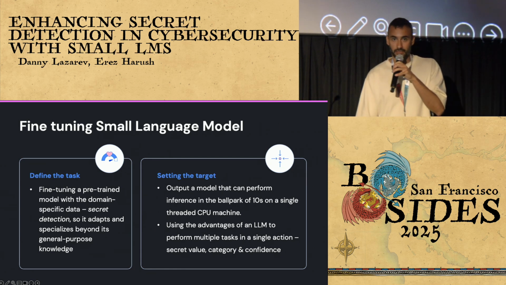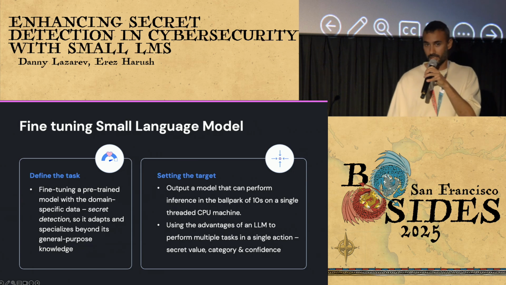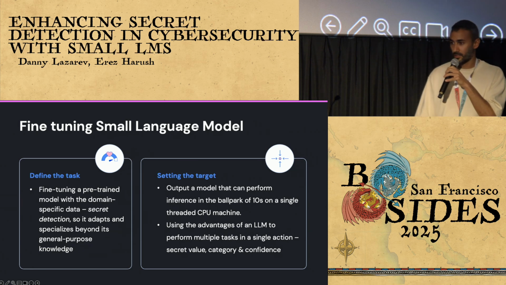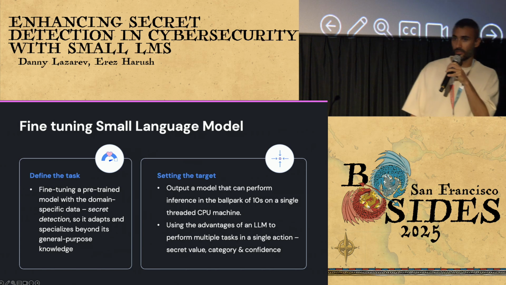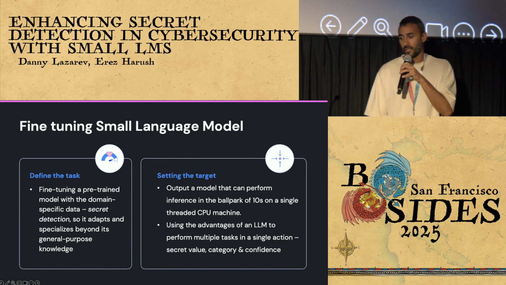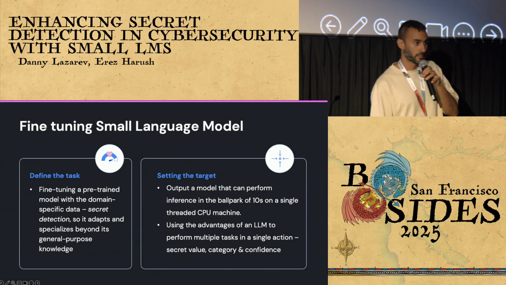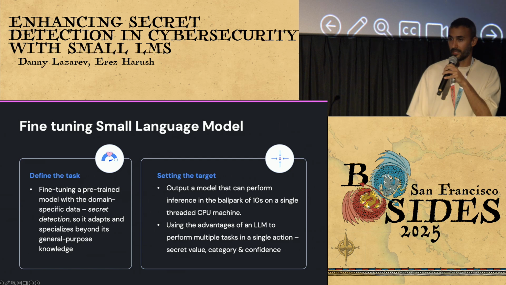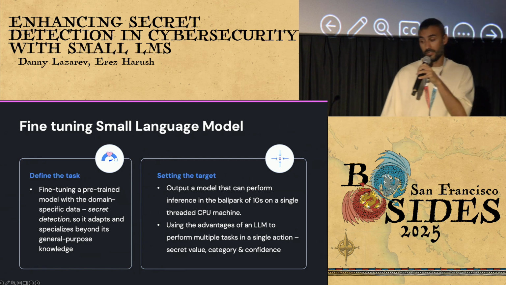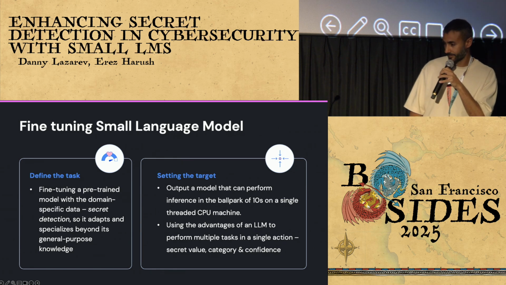Also, we want to take advantage of the language model to perform multiple tasks in a single action. Our task is not just extracting the secret, but also categorizing the secret and giving a confidence. Confidence will help us understand if the secret is real or maybe a test secret or a placeholder, and it's really important for our secret detection engine.